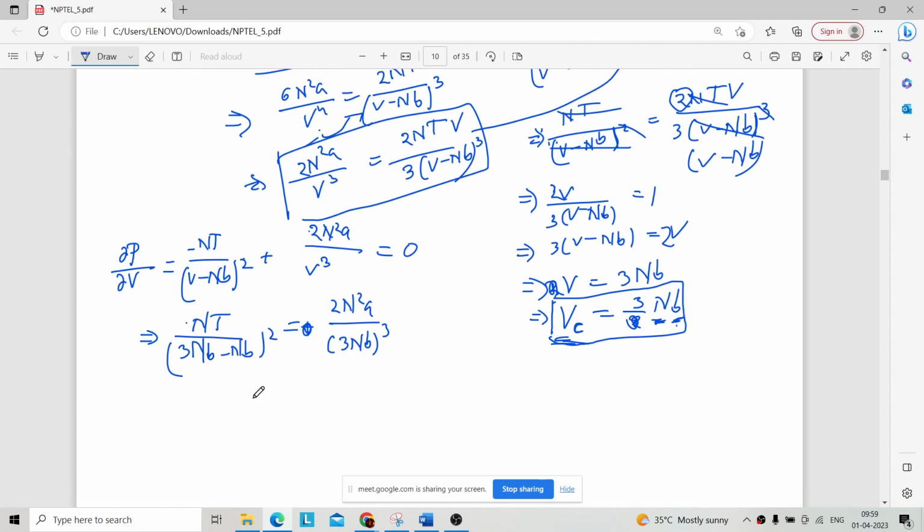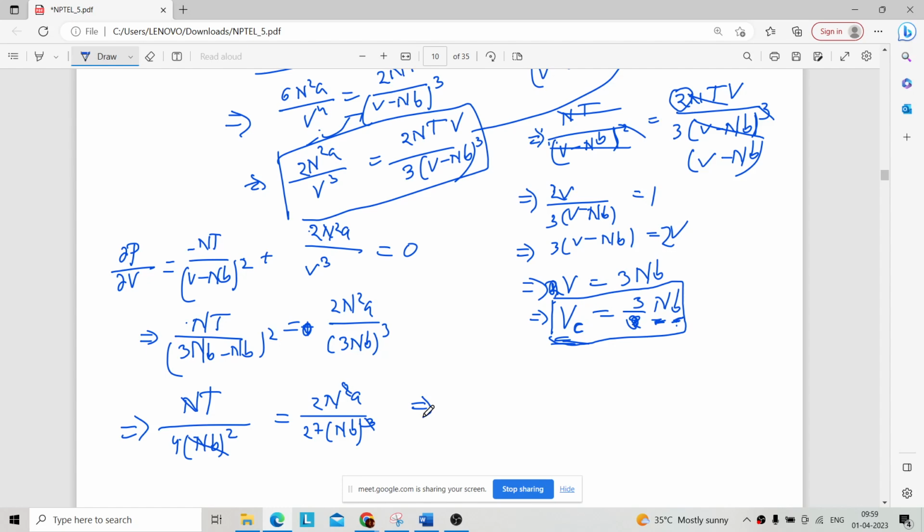So what we have then? We have NT over 2NB whole square, so 4, then NB whole square, and from the right hand side we have 2n square A over 3 to the power 3 is 27, then NB cube. So this square and cube will cancel and one n will go.